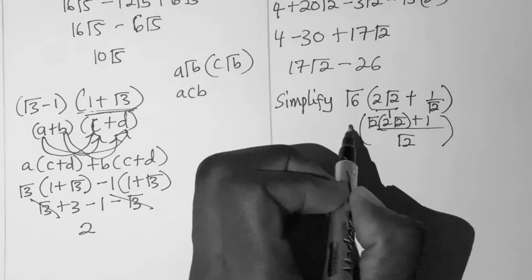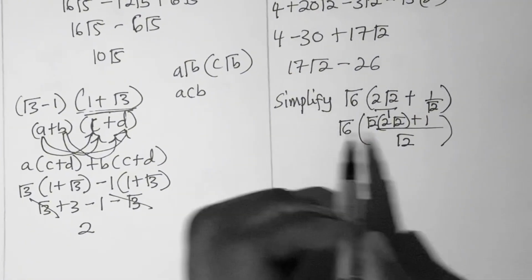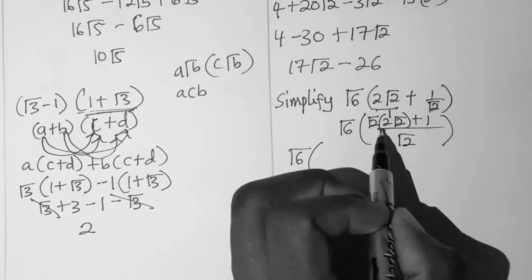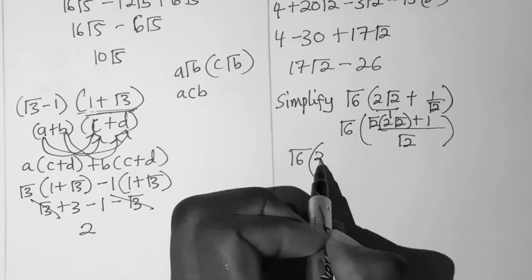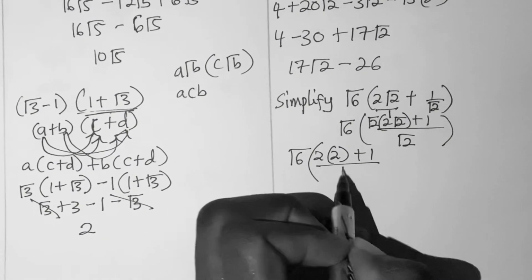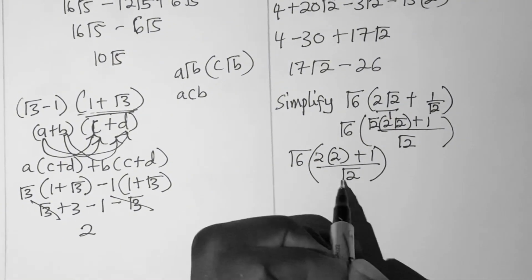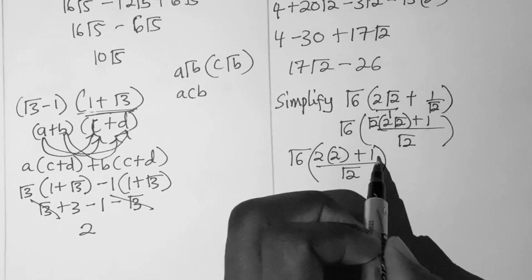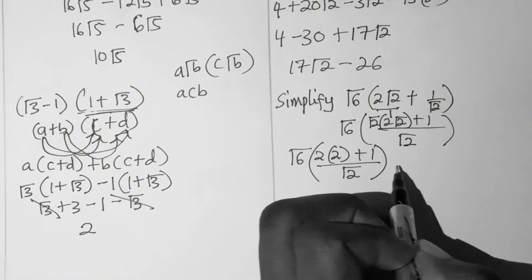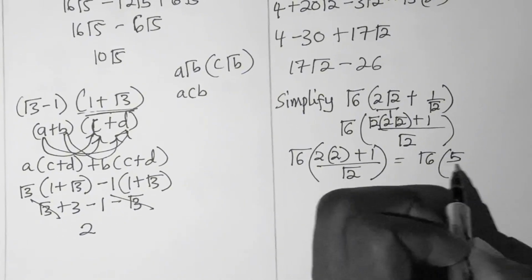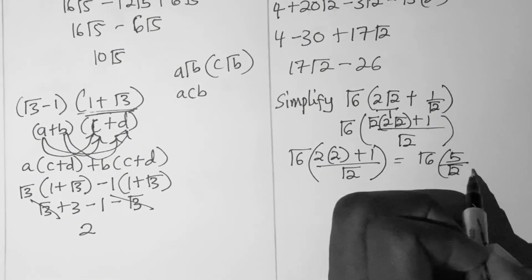So all of this, then we multiply by root 6. Now, this becomes root 6 times 2 times root 2 times root 2 is 2, plus 1, divided by root 2. So root 2 times root 2 is 2, 2 times 2 is 4. 4 plus 1 is 5. So this becomes root 6 times 5 divided by root 2.